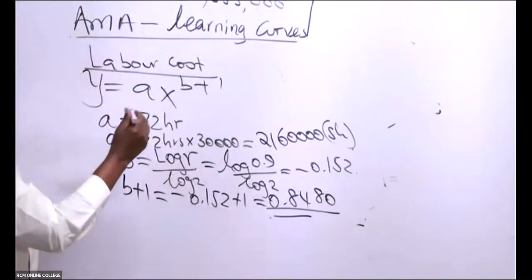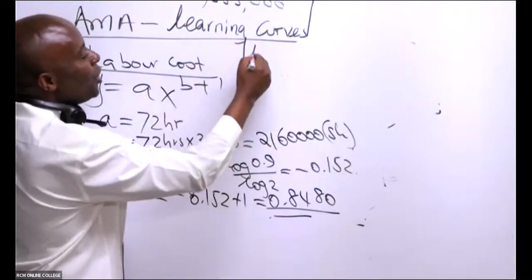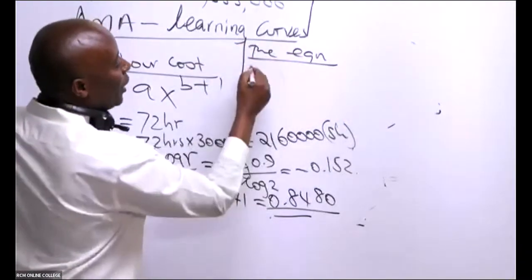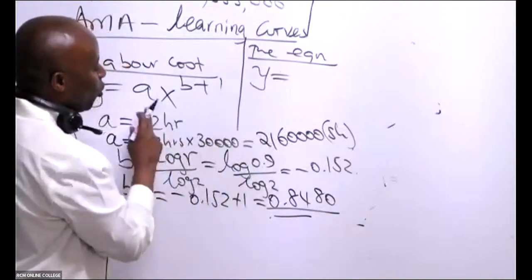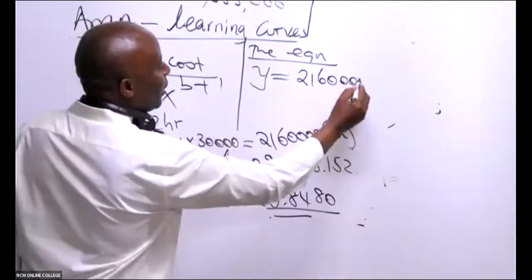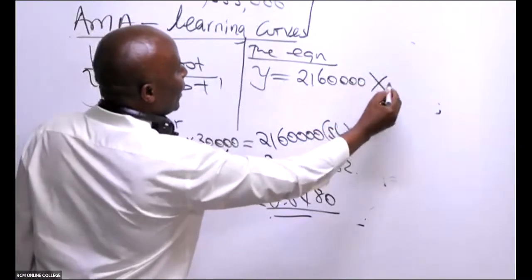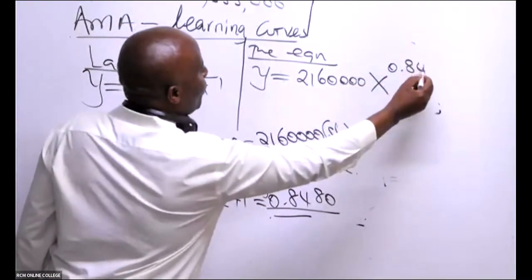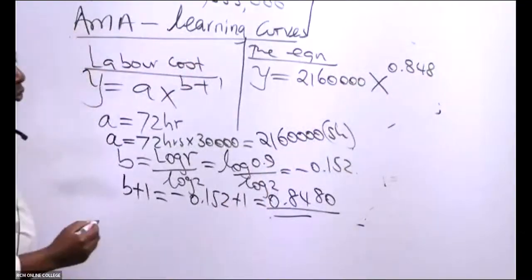So then after this, I should be able to write the equation. My y will be equal to A that you guys have given me as 2,160,000, x raised to my B plus 1, which is 0.848.